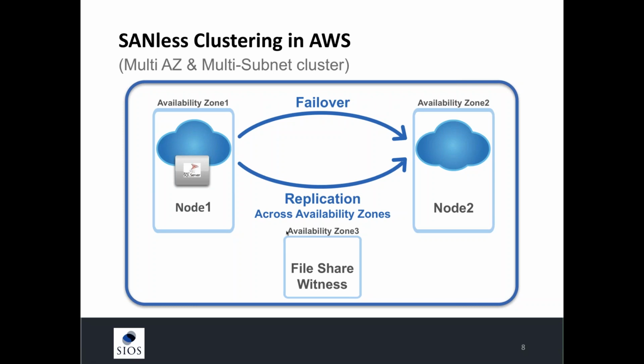That Windows system where the file share witness resides has no DataKeeper installed. DataKeeper is only installed in this diagram on node 1 and node 2. The file share witness is just a folder you create on that Windows system, right-click on it and say share, and you give the cluster read-write permissions to that folder. So in this shared nothing, or quote-unquote SANless, architecture, you don't have a quorum disk or disk witness. You have a file share witness instead.